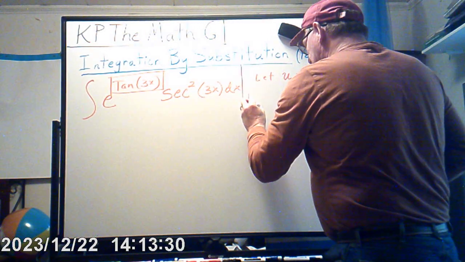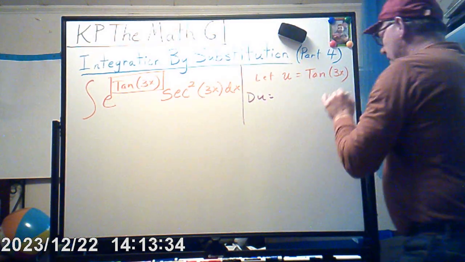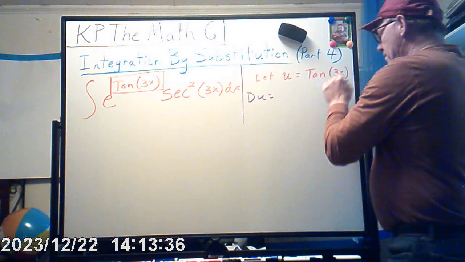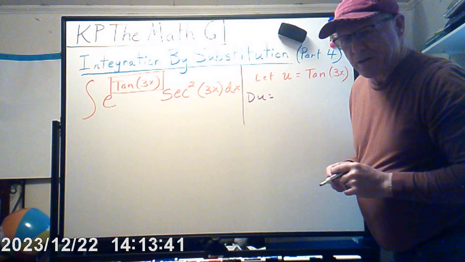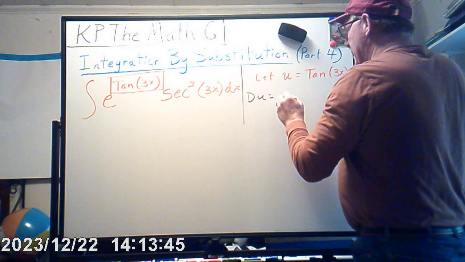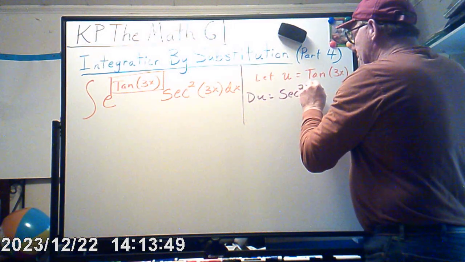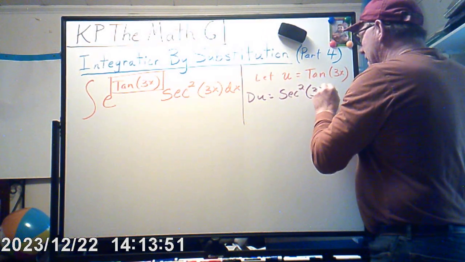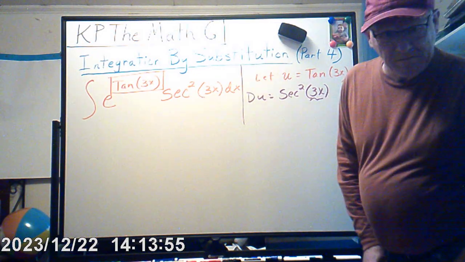du is equal to, now the derivative of tangent is secant squared. Secant squared 3x. Now remember, you do have a chain rule.